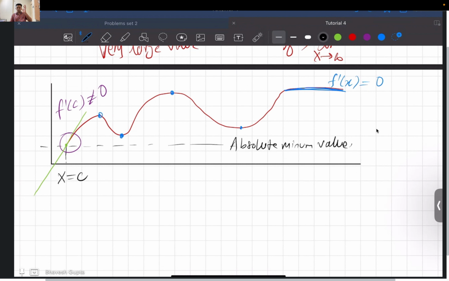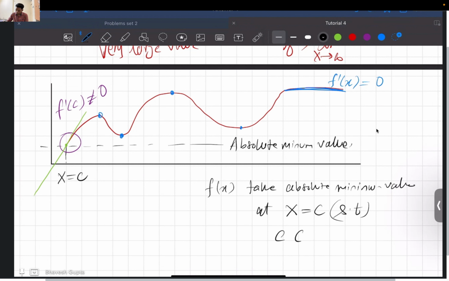Okay, so if the question was framed in such a way that f of x takes an absolute minimum value at x equal to c, such that c belongs to some closed interval a to b, you are not considering that c to be some boundary point.